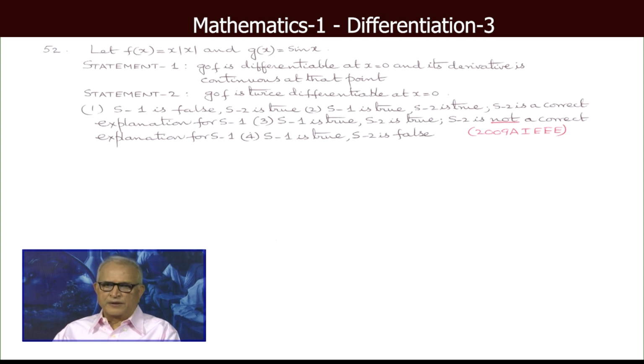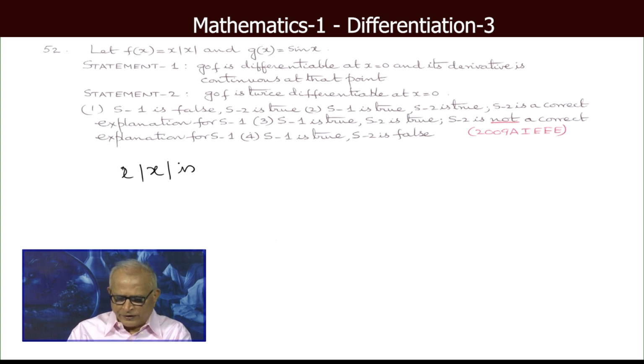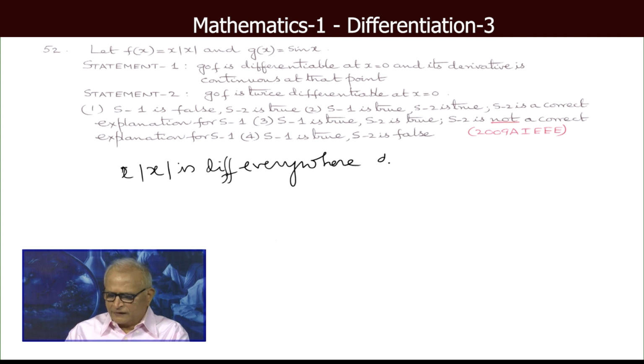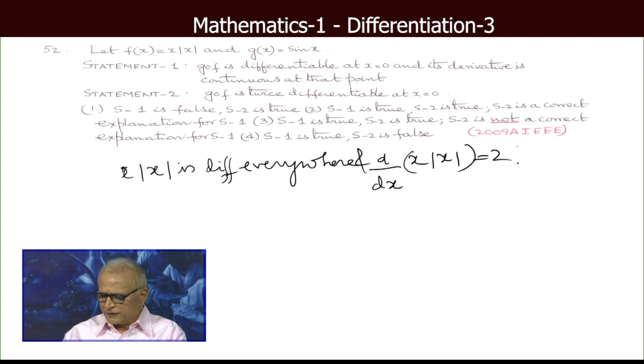Another EAPCET question. See, first thing is that x mod x is differentiable everywhere, and d dx of x mod x is equal to 2 mod x for all x.